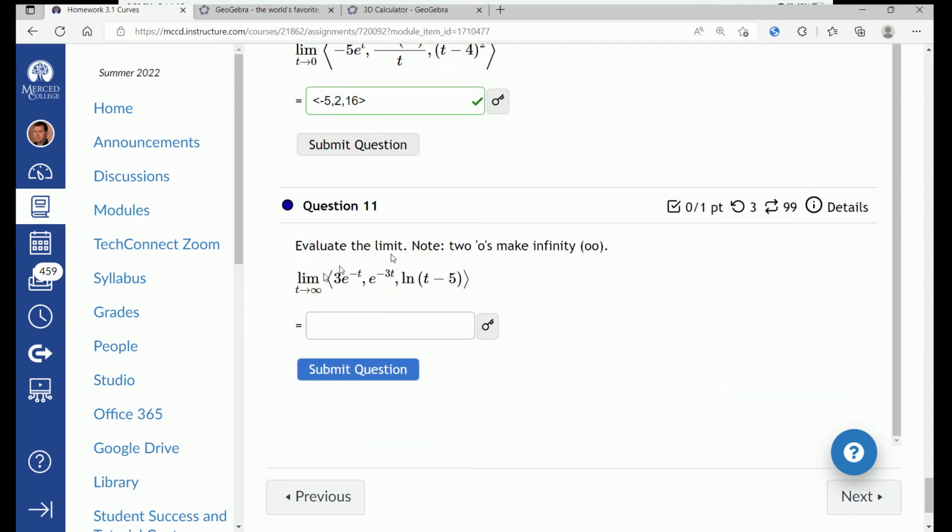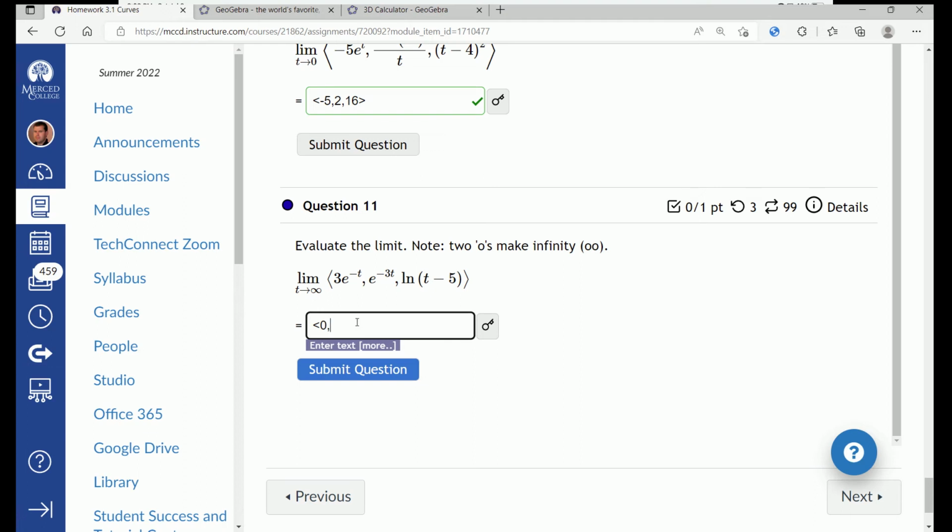Easy peasy. And this next one is going to be exactly the same, but this is a limit as t goes to infinity. So you'd have to know what happens to these as t goes to infinity. I guess it says we can make infinity symbols, which we're going to need. If you put infinity into e to the negative t, you're going to get 0 because it's like 1 over e to the infinity.